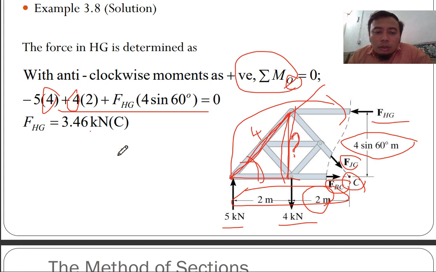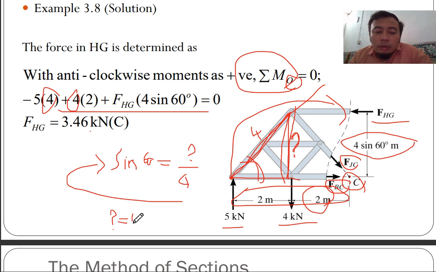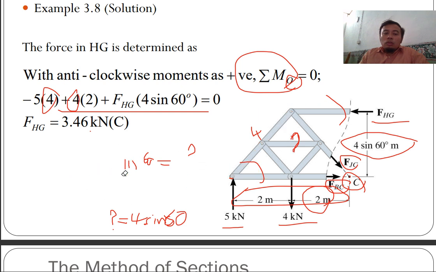So sin 60 equals to this length divided by 4. So 4 gets over here, so you get the unknown length b from 4 sin 60. This is trigo. I can solve it in many ways, but it takes time to solve for trigo.